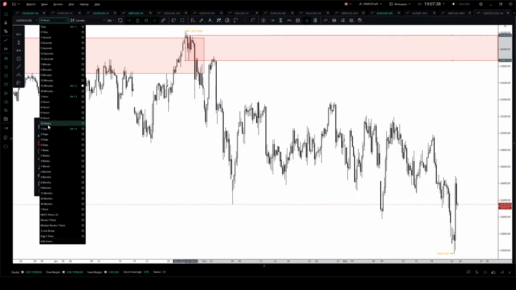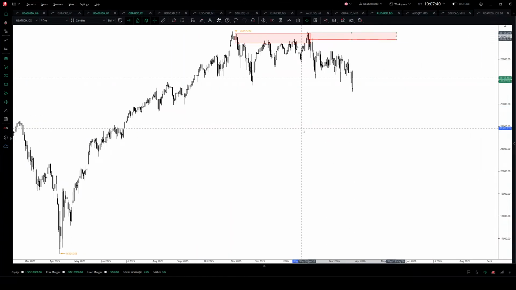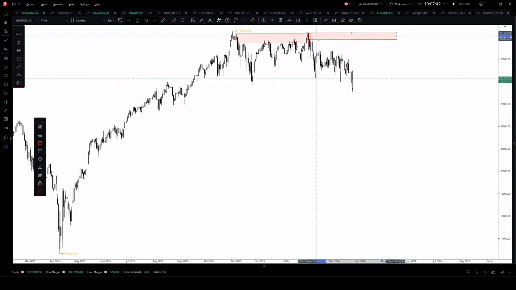So the supply is weakened by the testing of the price back again into that. When price visits a demand or a supply once, it is weakened, and it's not necessary that price will be held by that supply or demand one more time.